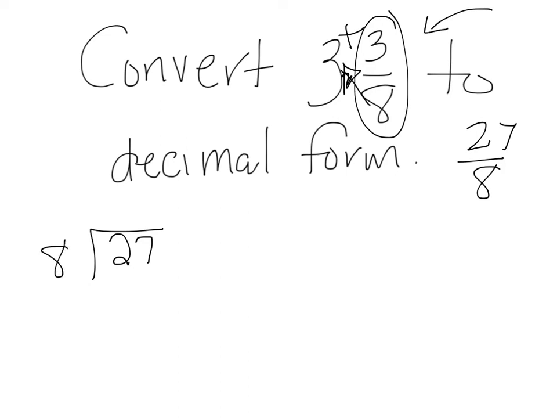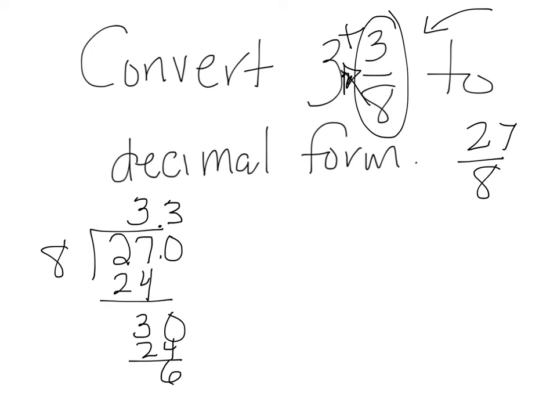Now how many times does 8 go into 27? Ooh, 3 times, 8 times 3 is 24. So we didn't have to start the decimal until now. We subtract, we get 3. How many times does 8 go into 3? Well, it doesn't. How many times does 8 go into 30? Well, 8 times 3 is 24, yes, and that's going to be 6 left over.